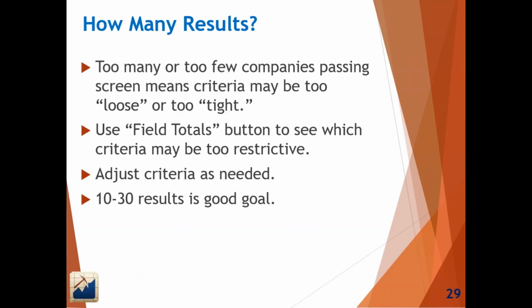I think 10 to 30 is a good result. A group of 40 companies can also be winnowed down a little bit, but 60, 70 companies is just way too broad, and I would look at adjusting that.